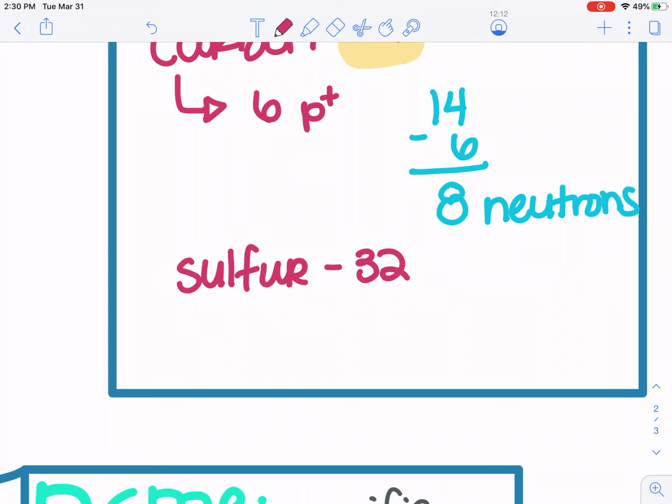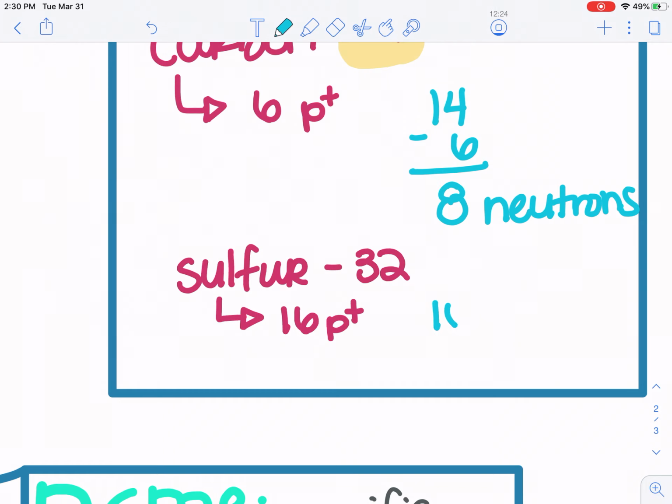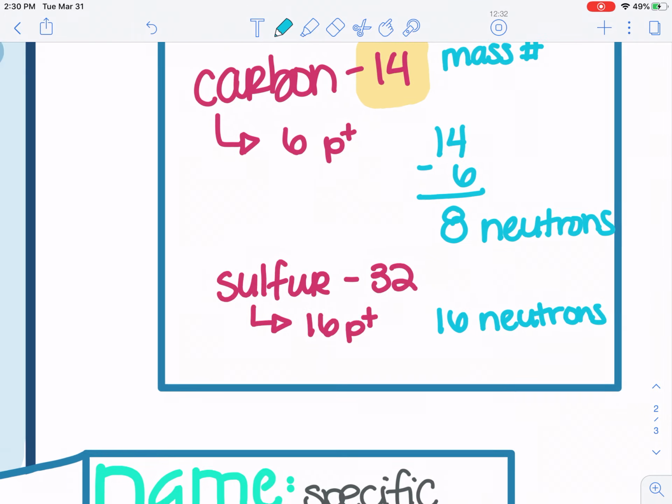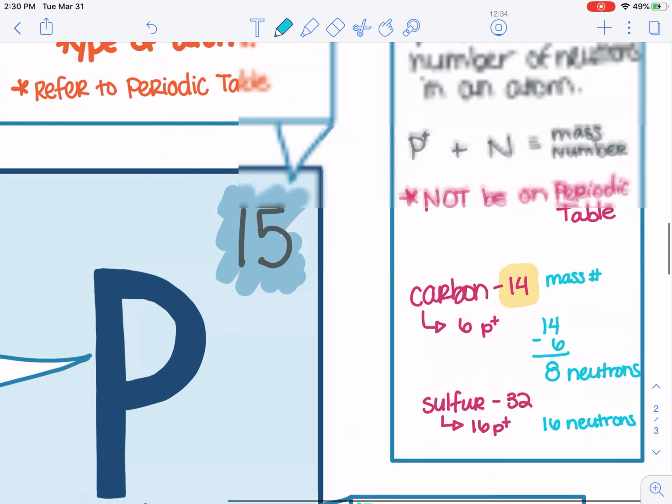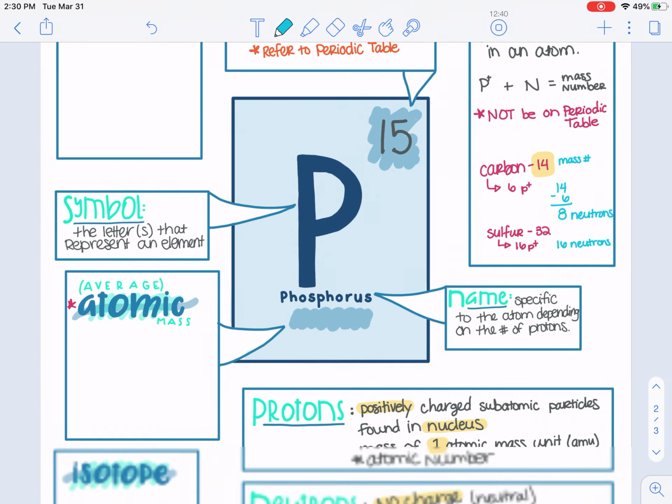By looking at the periodic table, we know that sulfur, every single sulfur, has 16 protons, which means it also has 16 neutrons, because 32 minus 16 is 16. So that's another example of how we can use the atomic number and the mass number to figure out the number of neutrons.